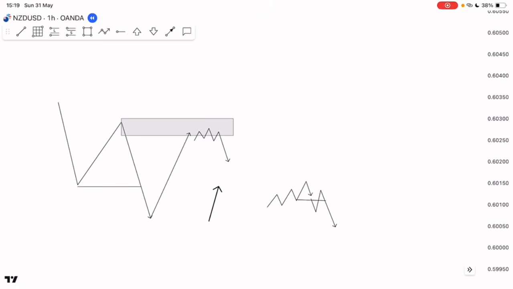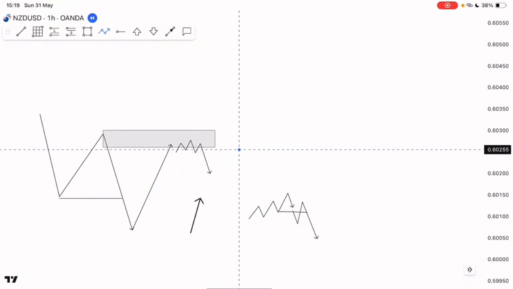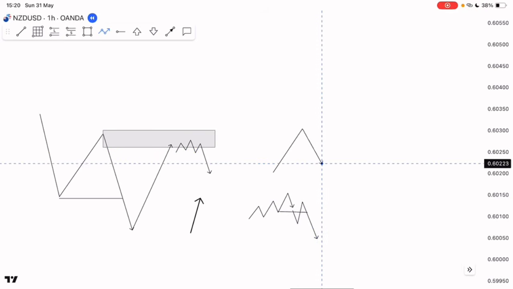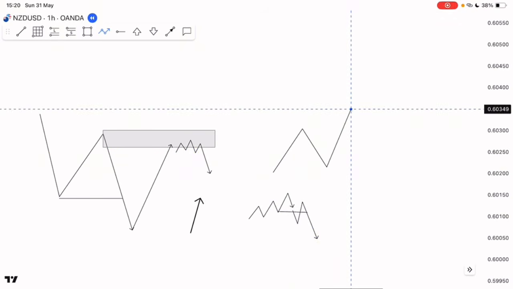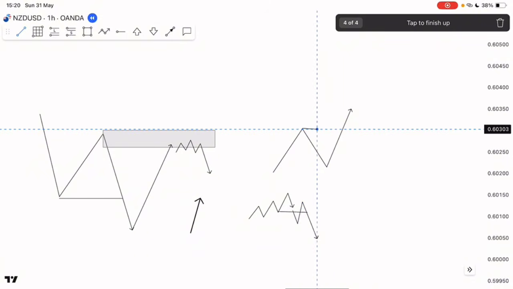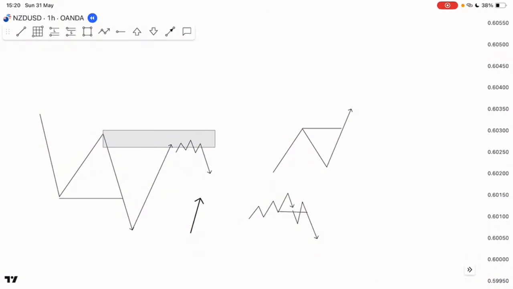So this applies the other way. If you are looking out to buy, let's say price is bullish, this is an uptrend. Once price takes out this high, this is now our change of character. So we'll map out supply zone, demand zone from here.